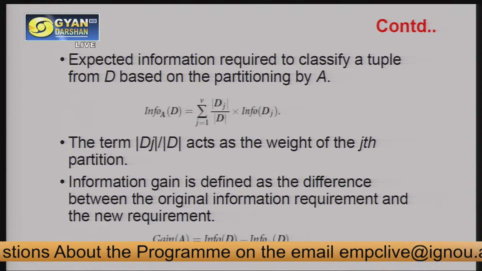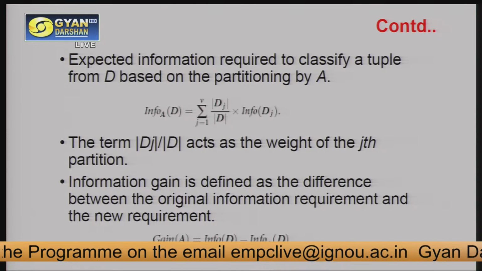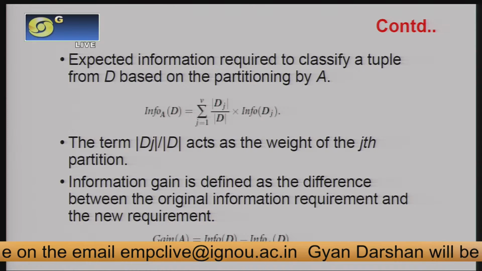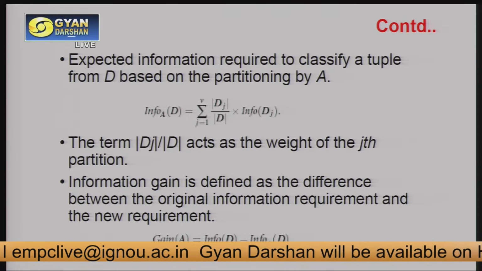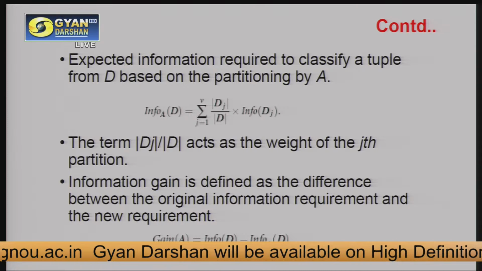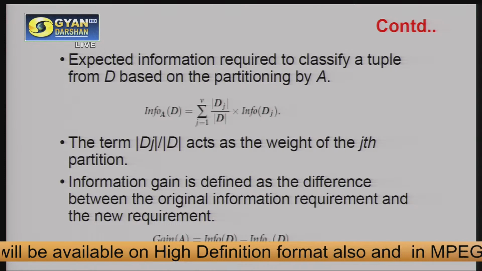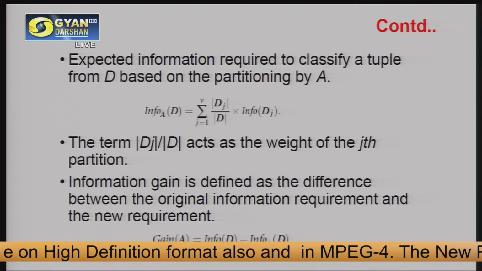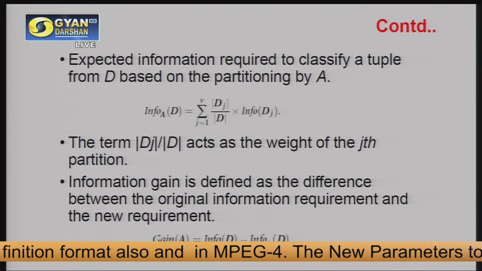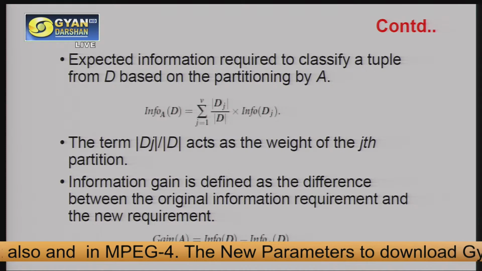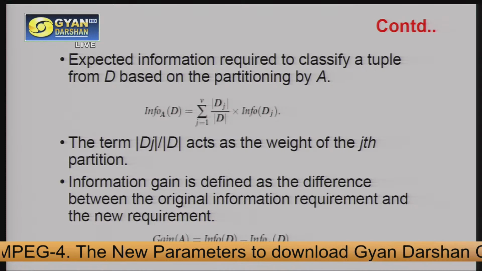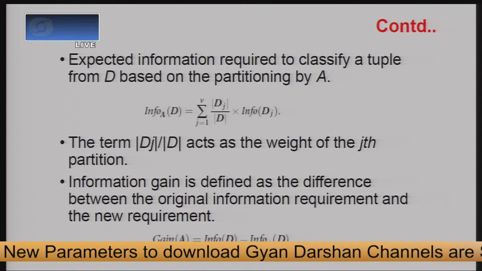So Info_A(D) is equal to the summation from j=1 to v of |D_j| divided by |D| times Info(D_j), where |D_j| divided by |D| acts as the weight of the jth partition. So what we are doing is calculating the expected information for each and every attribute here.